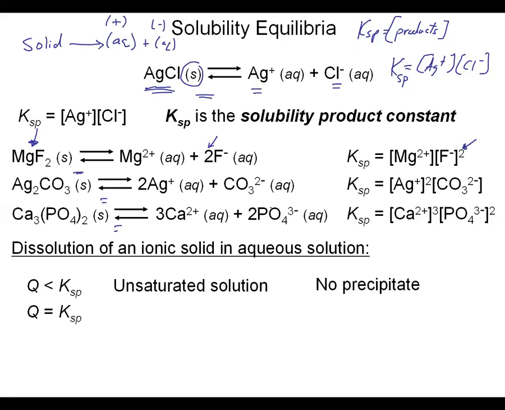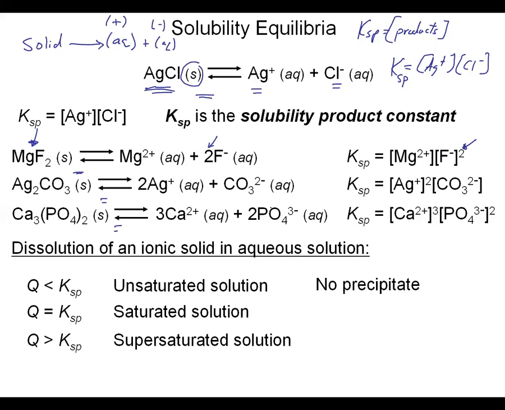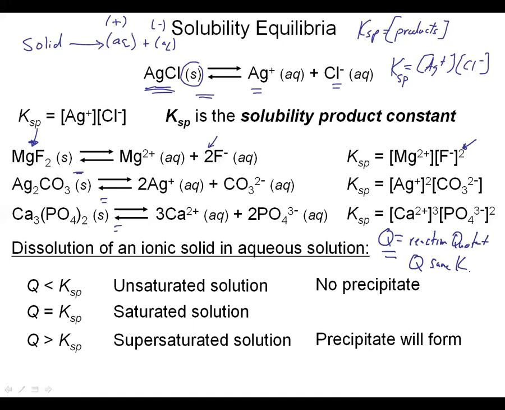And we could use something else that we've also seen before, and that is Q. If you remember, Q is the reaction quotient, and we calculate Q the same as K. So Q is also products over reactants. And if you remember, we use Q to determine usually whether or not a system is at equilibrium, and which way it needs to go to reach equilibrium.